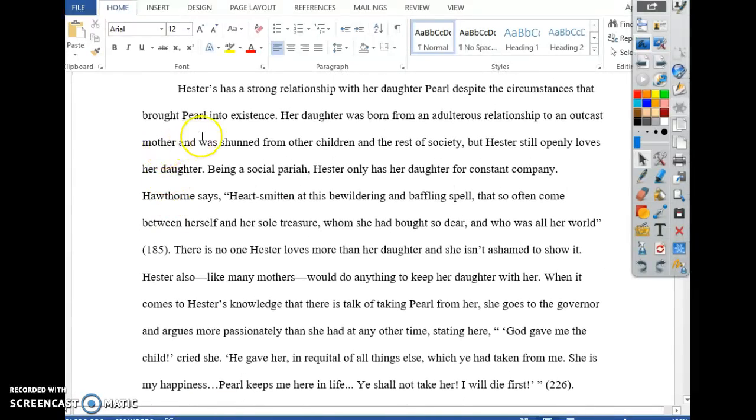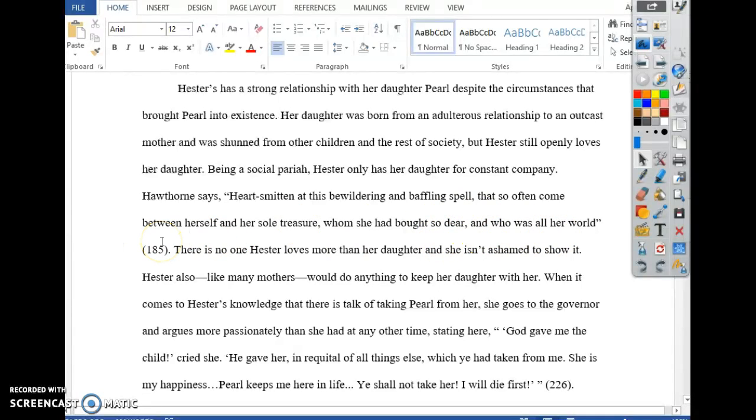We then go into this second sample. Again, a nice topic sentence. Again, not perfect, but Hester has a strong relationship with her daughter Pearl despite the circumstances that brought Pearl into existence. So this is mentioning Hester's strength through the strong relationship, and this paragraph is going to be about Pearl. Just scrolling down a little bit, Hawthorne says, so introducing the quote, "heart smitten at this bewildering and baffling spell that so often came between herself and her soul treasure, whom she had bought so dear and who was all her world."